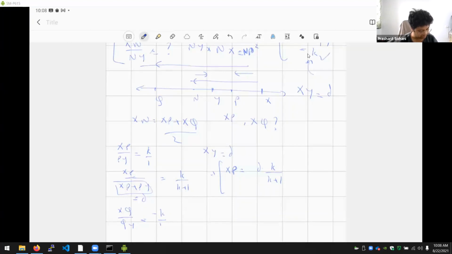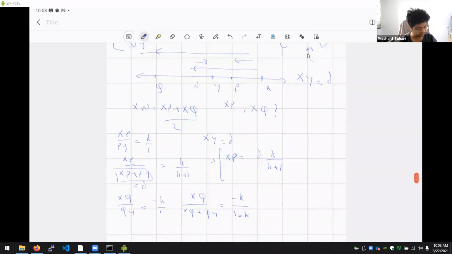I am interested in XY in the denominator. So again, XQ upon XQ plus QY equal to minus k upon 1 minus k. And again, the denominator is nothing but XY, which is equal to d.